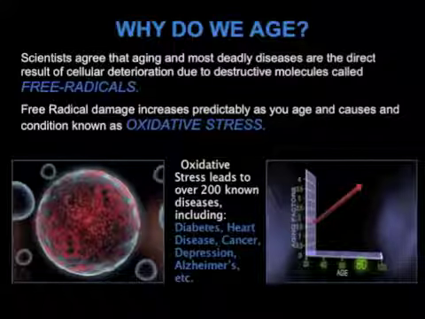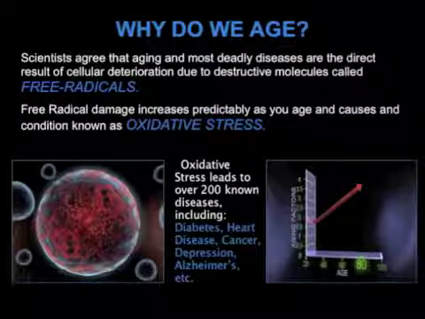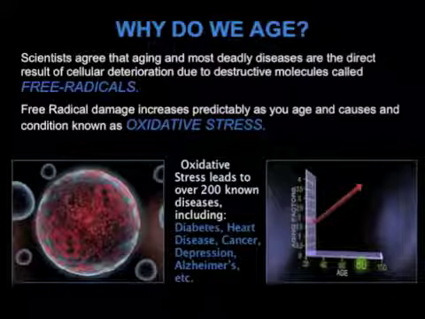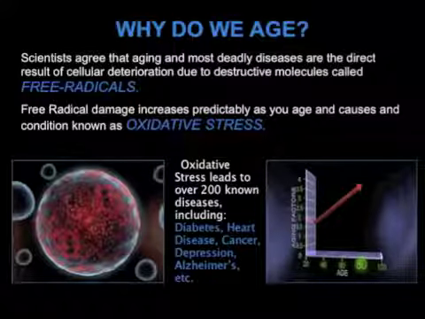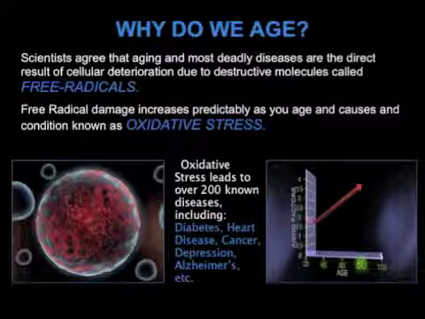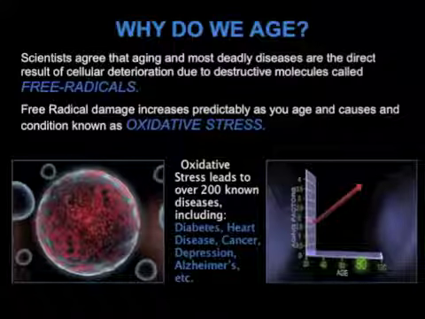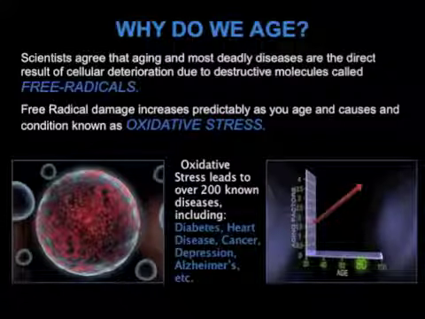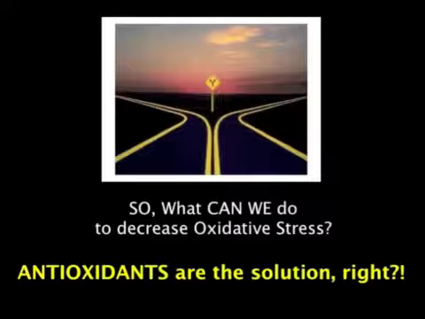Free radical damage increases predictably as you age, and it causes a condition known as oxidative stress. Again, advanced free radical damage is termed oxidative stress, and it leads directly to over 200 diseases, including diabetes, heart disease, cancer, depression, Alzheimer's, etc. That's a very small list. This is a very large issue here.